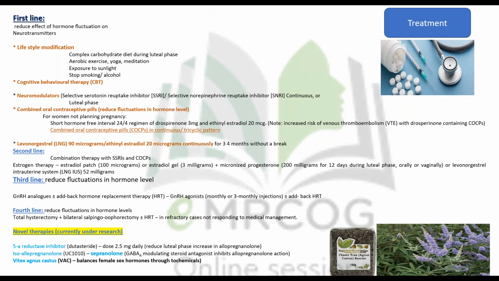So what is this picture? Last thing. Are you familiar, guys, with this herbal medication? This is a natural tree, and they have found very promising results in balancing the female hormones.